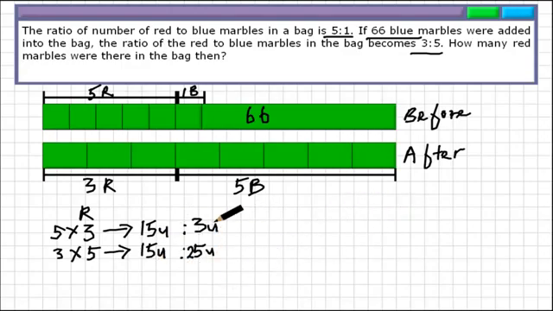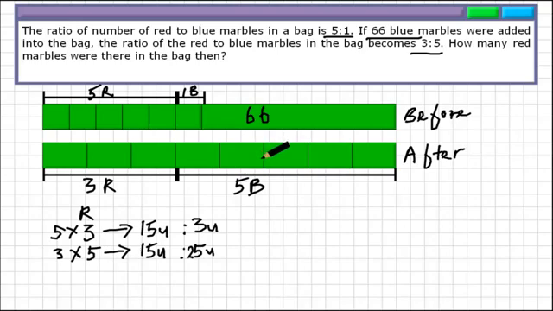Okay, with this new ratio, we can assume that both now have the same number of units. Only now can we compare the before model and after model and try to find the relationship between 66 and number of parts.